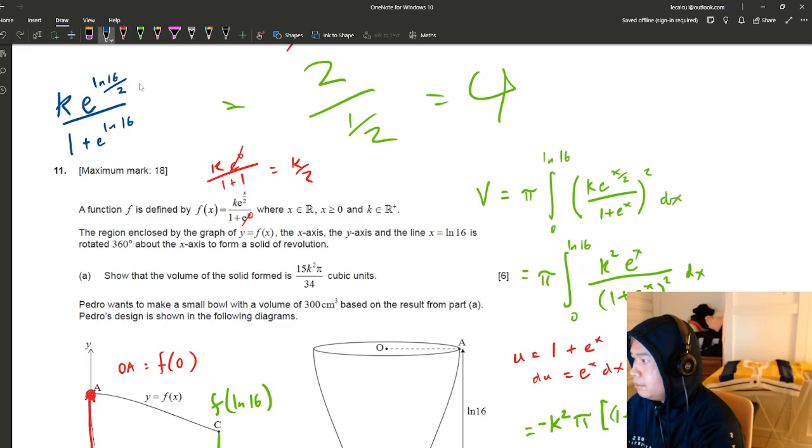Okay, so dividing by 2 is the same as multiplying by 1/2.